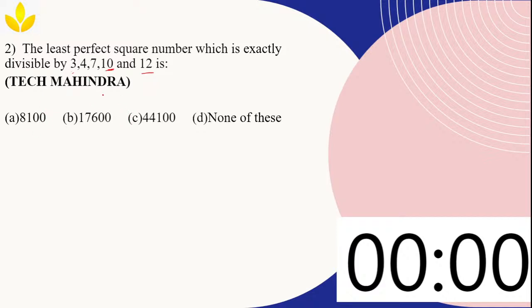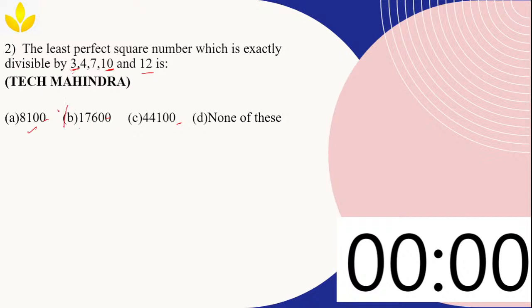The first easiest one is checking the divisibility rule for 10. What is the divisibility rule for 10? Easy, right? The last digit should be 0, and everywhere the last digit is 0. So all these numbers are divisible by 10. Next we'll go for 3. Take the sum of the digits and try to divide it by 3. 8 plus 1 is 9, which is divisible by 3. 1 plus 7 is 8, 8 plus 6 is 14, and 14 is not divisible by 3.